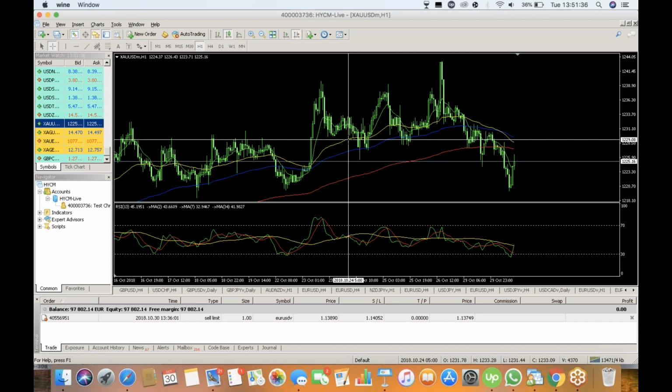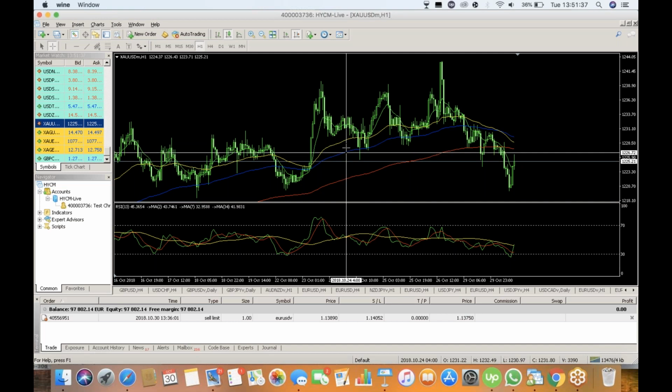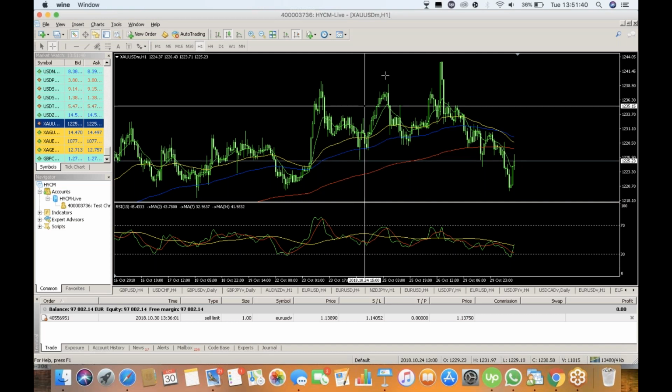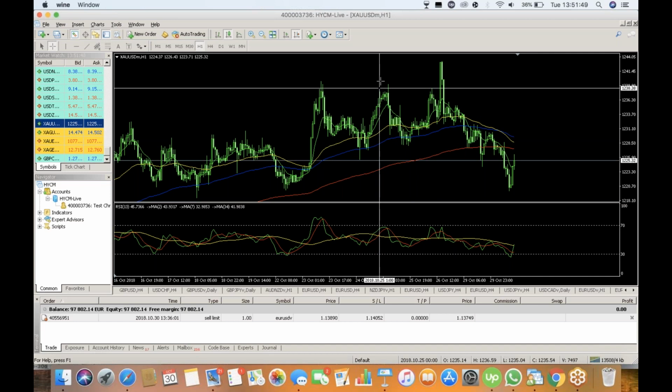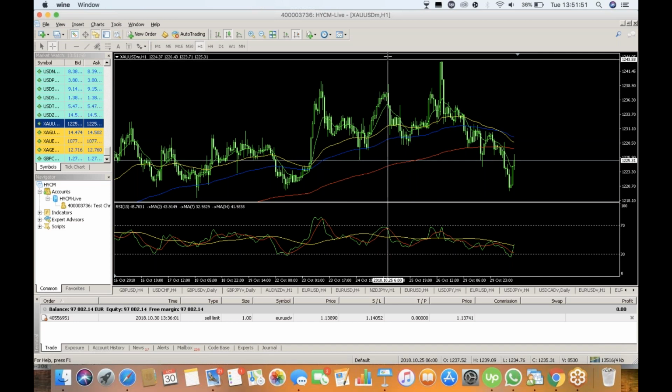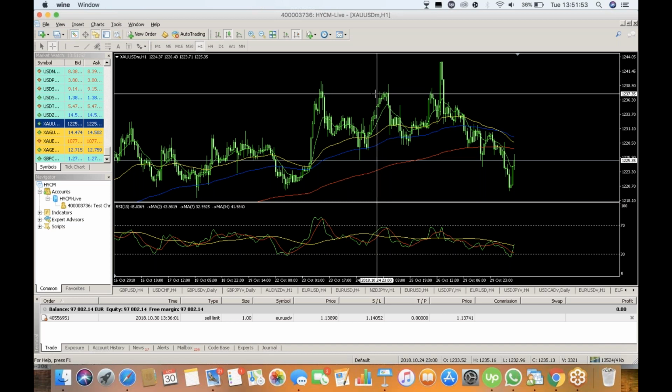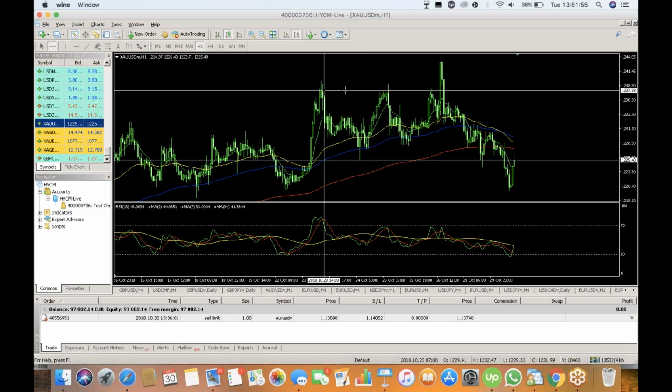I entered around there. I put my stop just below, and then I woke up on the 25th of October, and my price was hovering around here. And then I had the temptation, which is, do I try to go for the 200 moving average higher above? Okay, or I'm at this key resistance level. Do I take profit?